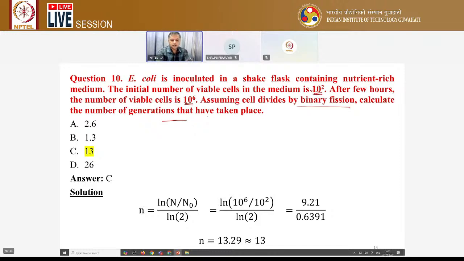Number of generations is ln of N upon N naught divided by ln 2. Now N is 10 to the power 6, N naught is 10 to the power 2, so you get 13 generations. So after the 13th generation cycle, 10 to the power 2 cells will reach 10 to the power 6 cells.